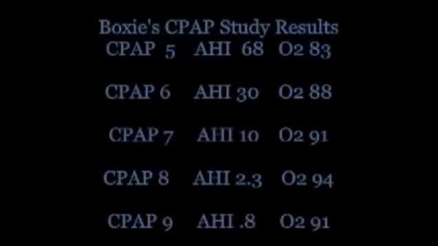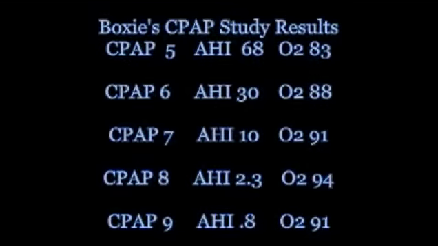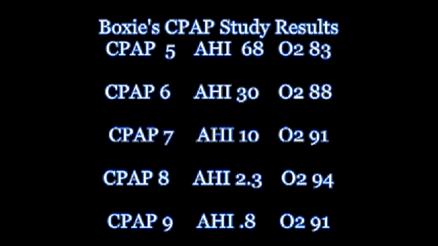His first CPAP pressure was 5. At a CPAP pressure of 5, his AHI was still 68, so it actually went up a little bit, and his oxygen level is at 83. At a CPAP pressure of 6, his AHI is now at 30, and his oxygen level is at 88. At a CPAP of 7, his AHI is 10, so he had a good drop there, and his oxygen levels are now 91.